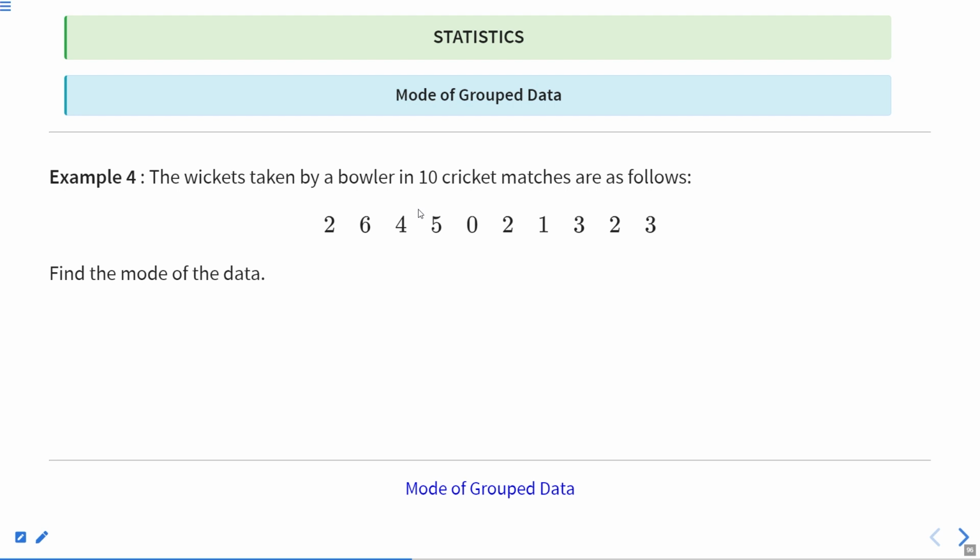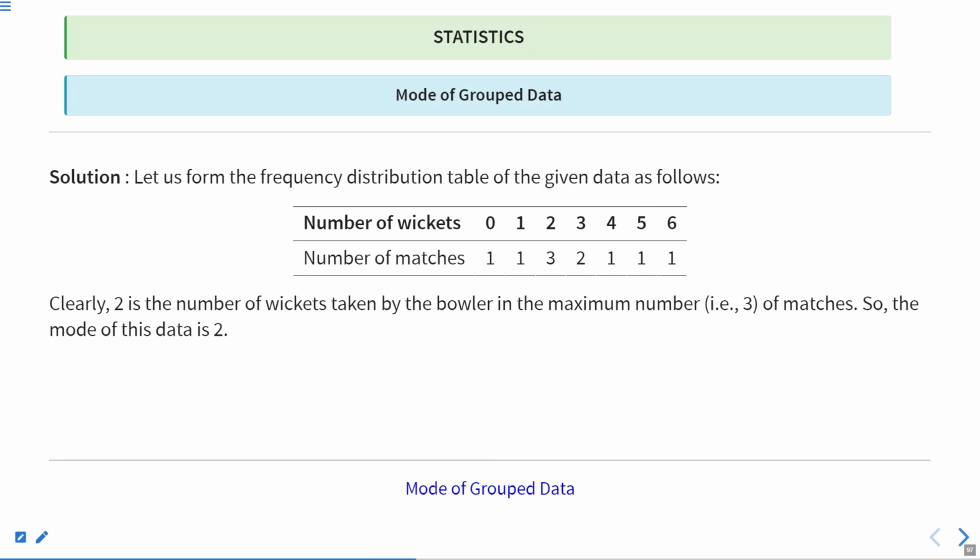So how can we find the mode of the data? First of all, let us form the frequency distribution table of the given data. Number of wickets: 0, 1, 2, 3, 4, 5, 6, and number of matches: 1, 1, 3, 2, 1, 1, 1.